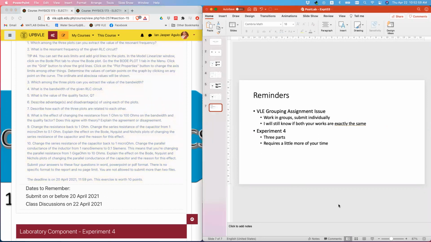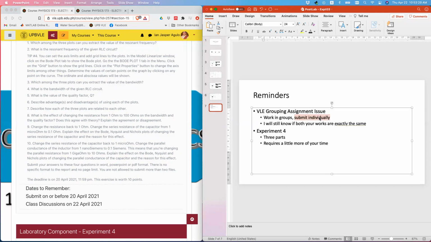So yun yung magiging complication. So just a few reminders before, or just one reminder actually before we go to experiment 4. Briefing lang experiment 4. So yung grouping, apparently mukhang may problema pa rin. So I'm going to remove the grouping altogether. So magtatrabaho pa rin yung iba sa inyo in groups, pero magsasubmit kayo individually.